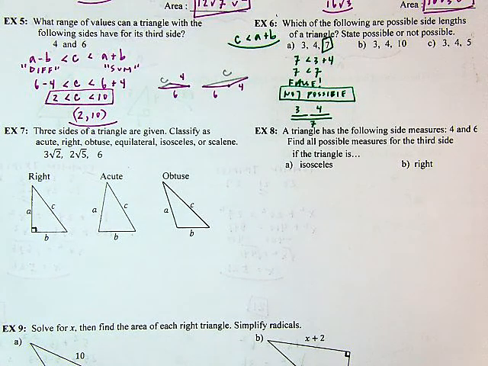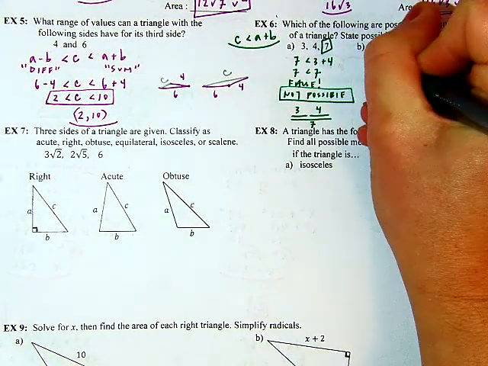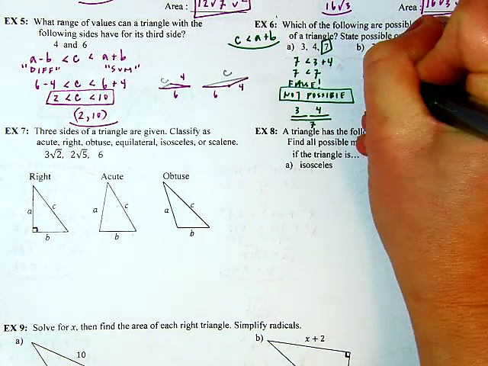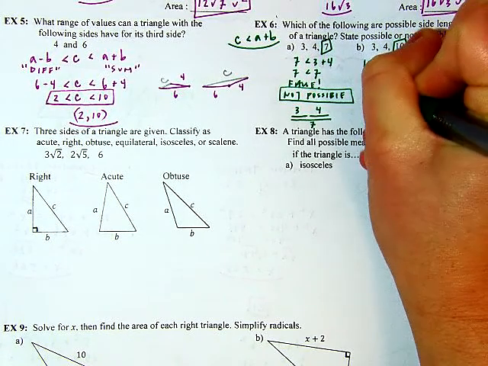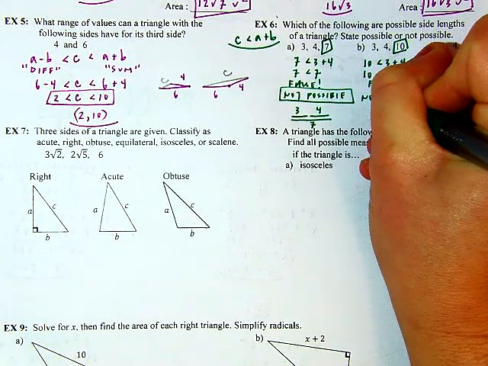In the next one, what if the largest side is 10? So here we go, 10. Is 10 less than 3 plus 4? Is 10 less than 7? Also false, still not possible.